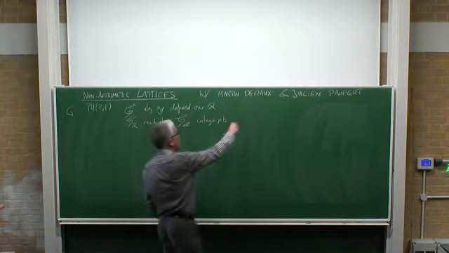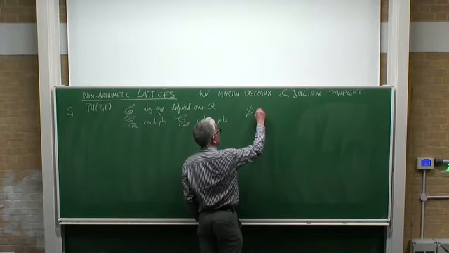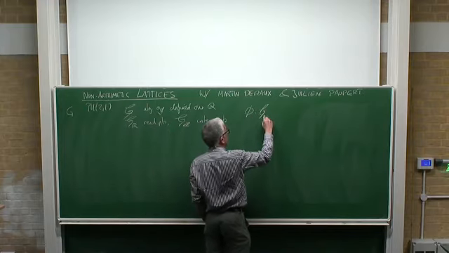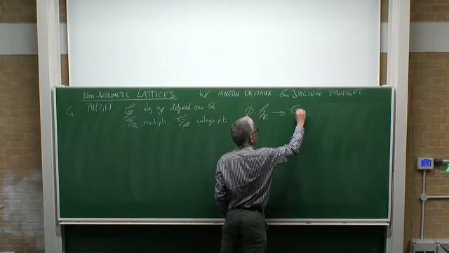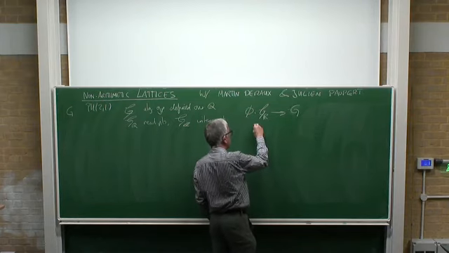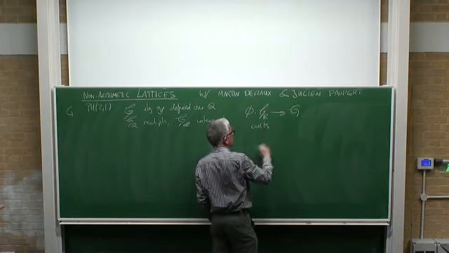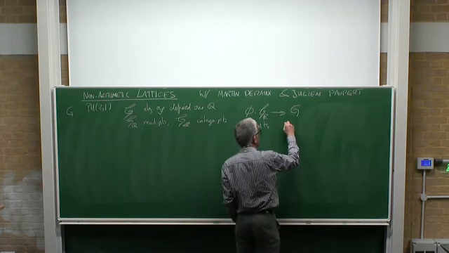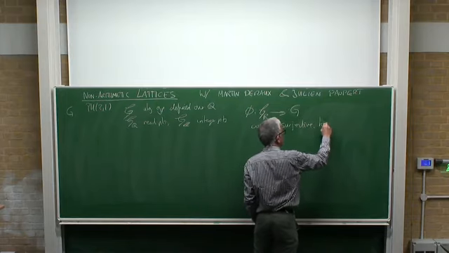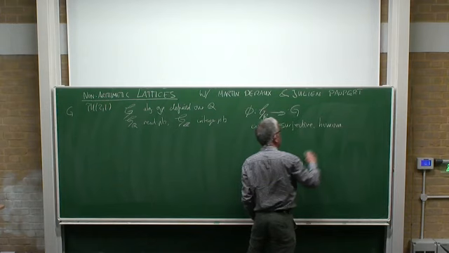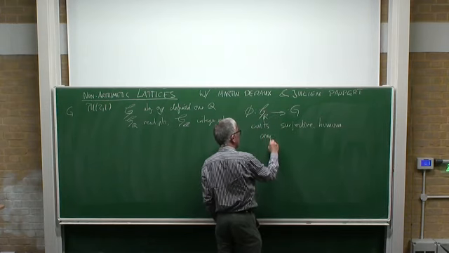So I'm going to then have phi from G_R down to G, which is going to be a continuous surjective morphism. And the key thing is it should have compact kernel.